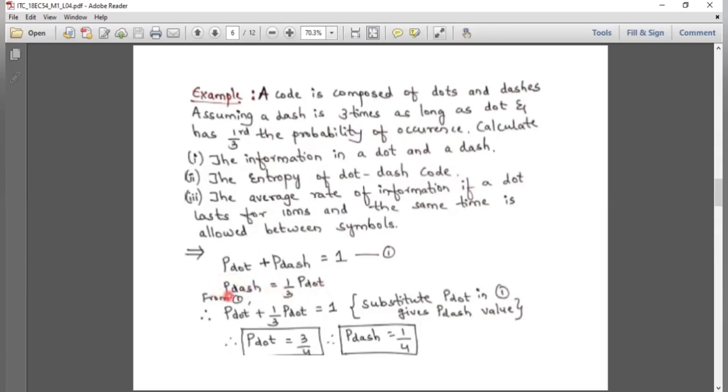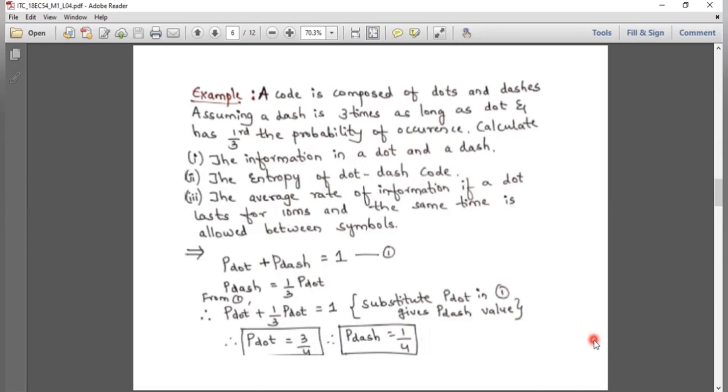Therefore, we can write P dash equals 1/3 times P dot. Substitute P dash in equation 1. So on substituting, we'll get P dot plus 1/3 P dot equals 1. On simplifying, we get P dot as 3/4. Substitute P dot in equation 1. We'll obtain P dash as 1/4.